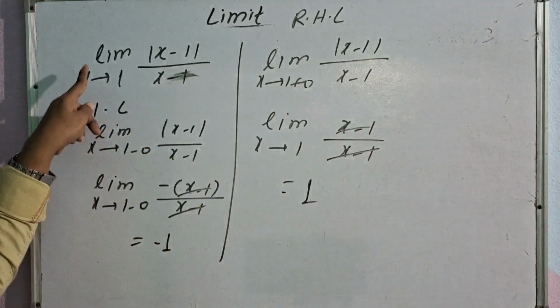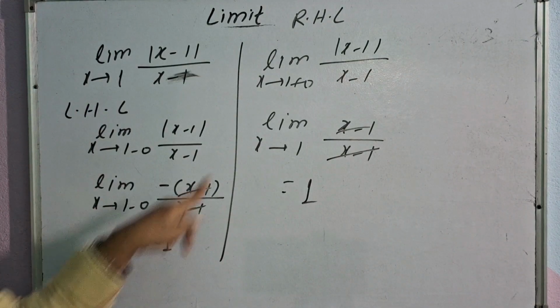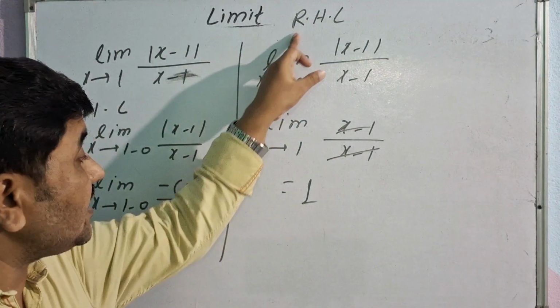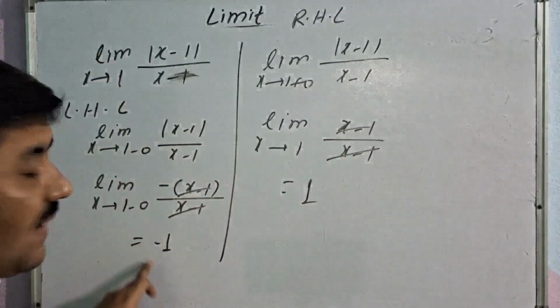Here RHL is equal to 1 and LHL is equal to minus 1.